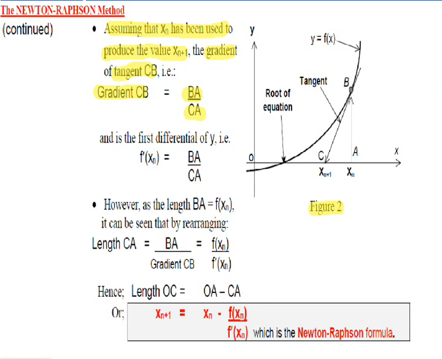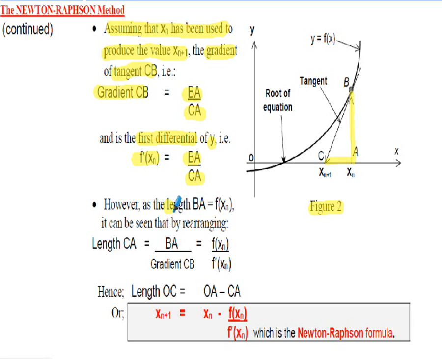In other words, if we divide BA, the vertical dimension, by CA, we get the gradient at point B. The first differential of y = f(x) is written as f'(xn). That's equal to BA divided by CA. So the gradient CB can be written as f'(xn). That's called functional notation.